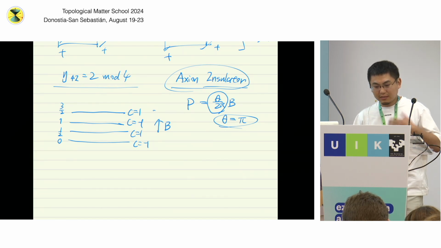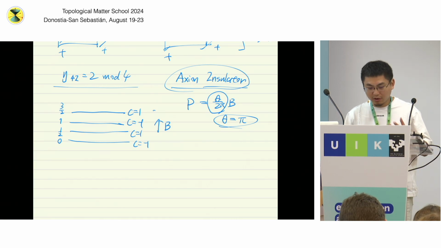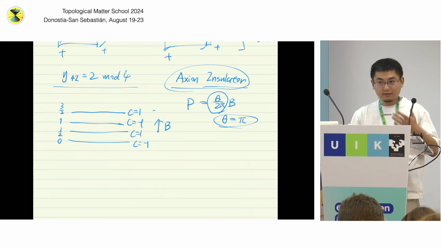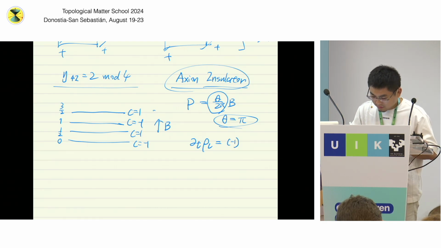And if you are familiar with the properties of quantum Hall states, you know that there is a Streda formula. The change of the density in a layer is proportional to the Chern number multiplied by the magnetic field.